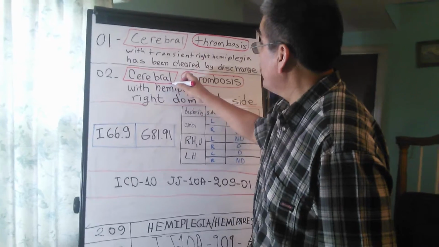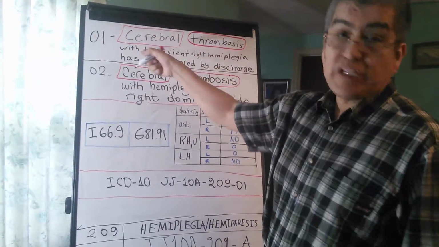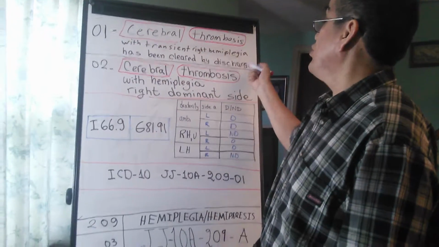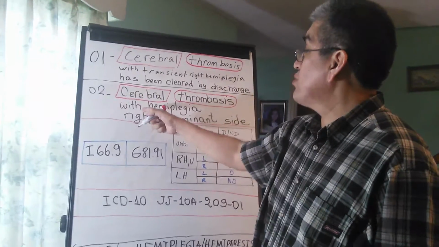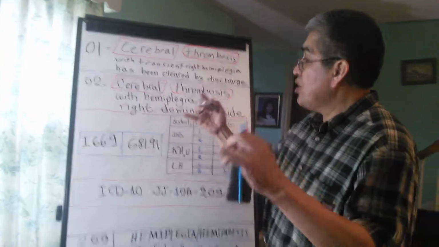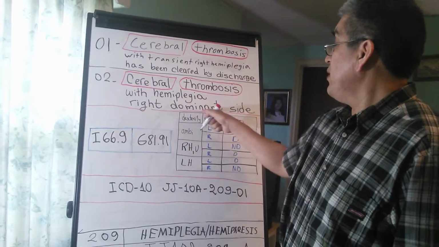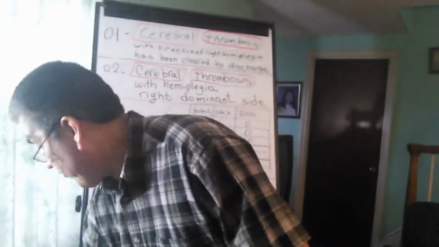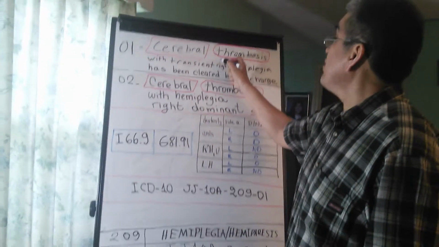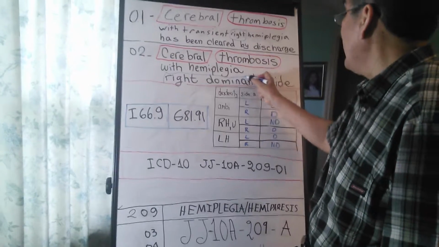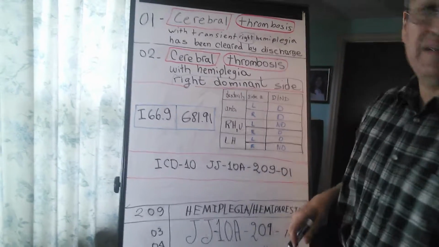Now, what we have is the rest. The first one says, with transient right hemiplegia that has been cleared by discharge. In the second problem, it says, with hemiplegia, right dominant side. So let's see which part belongs to which. Right dominant side replaces just right here. So let's use a different color for this. This word right here, right hemiplegia, is the same as saying with right dominant side, right?